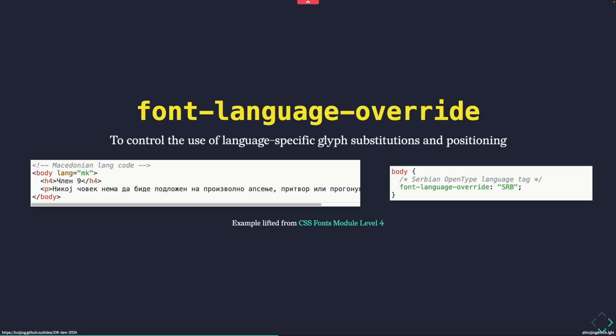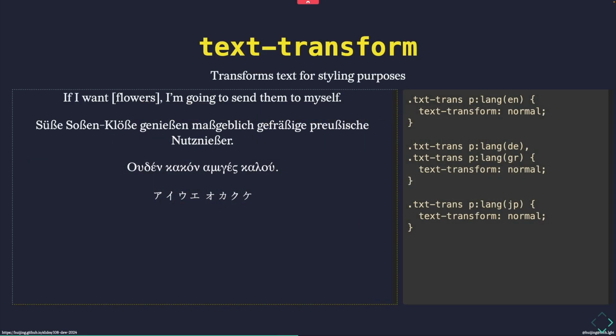So you want to use Serbian glyphs, but still let the browser know that it's Macedonian language. So if we set the font language override property to SRB, the Macedonian text will use Serbian typographic conventions, so it looks alright, but it will be recognized by the browser as Macedonian content. So that's pretty cool.